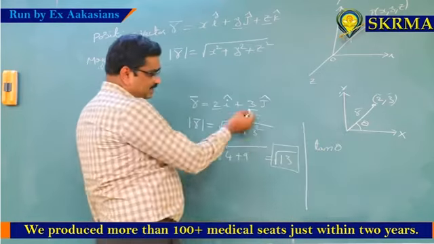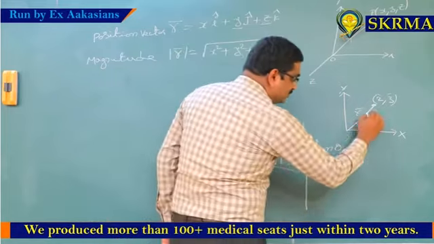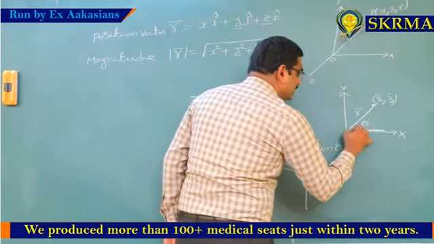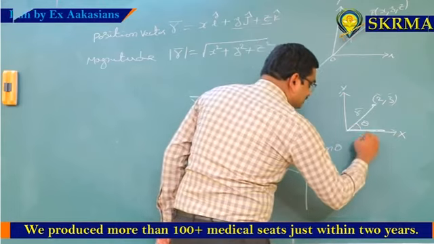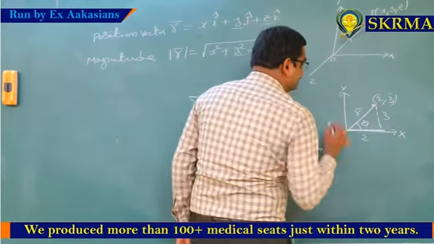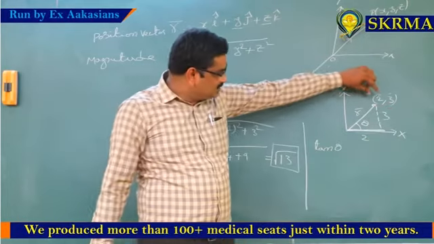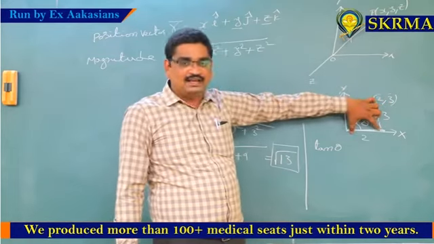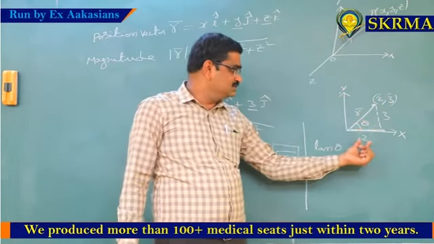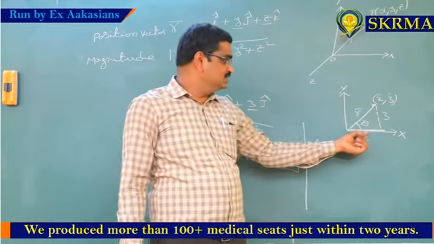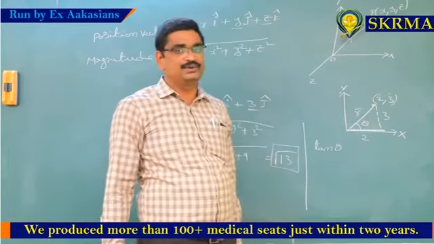From this diagram, the x coordinate is 2 and the y coordinate is 3. 2 is the x component of that vector, so along the x axis the length is 2. Along the y axis the length is 3. So this is the basic coordinate representation.